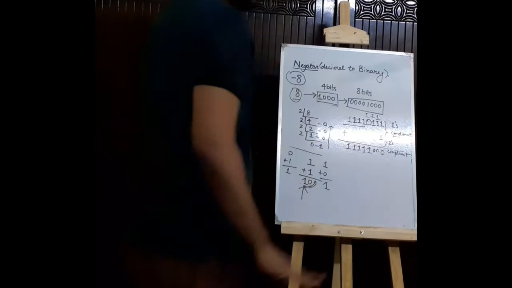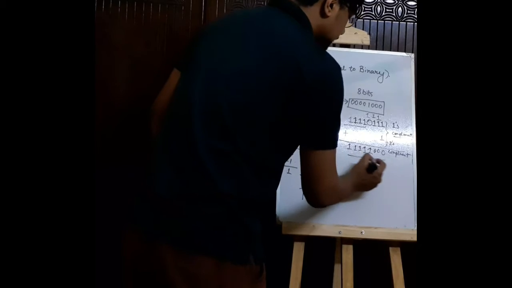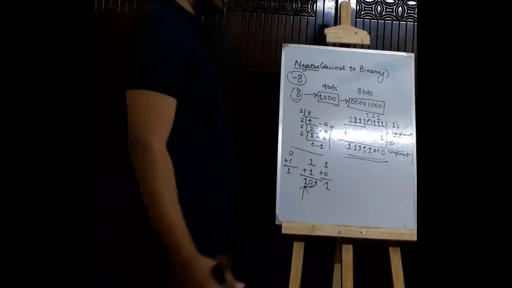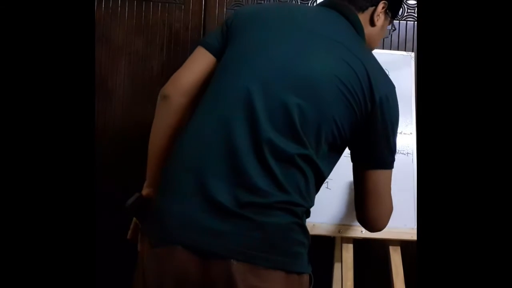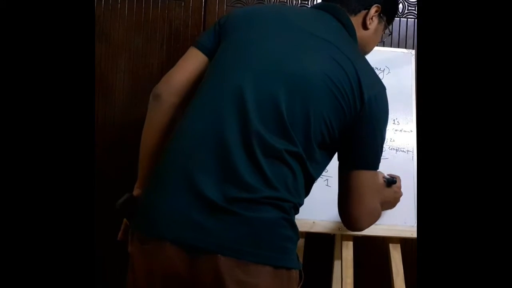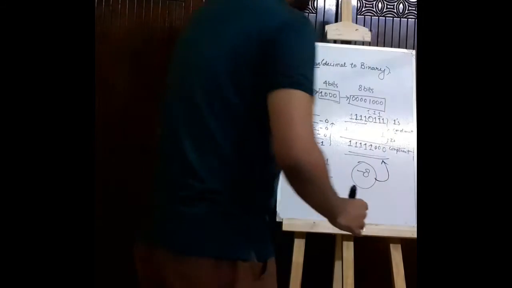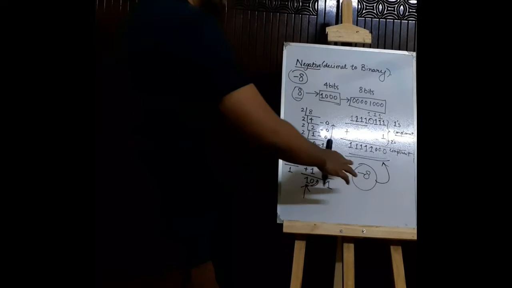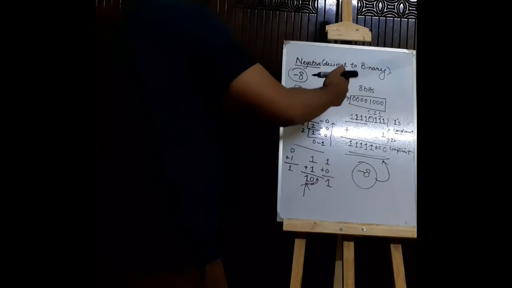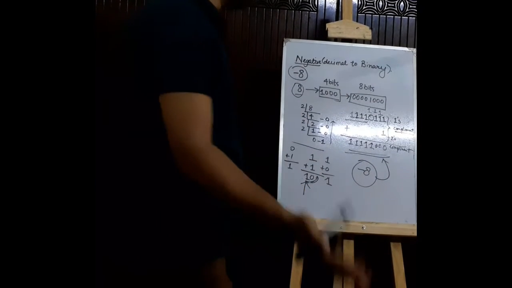Then we did the ones complement, and after adding 1 to it, that actually means that after doing the 2's complement, we got the final answer. And the answer that we got finally is the corresponding value of -8. So after doing the 2's complement, we will get the negative decimal's corresponding binary value.